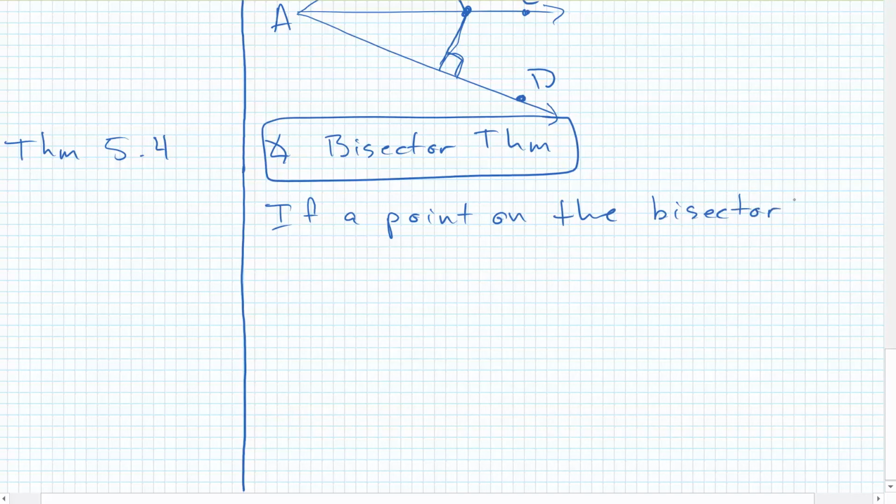If a point is on the bisector of an angle, then the point is the same distance from the sides of the angle.